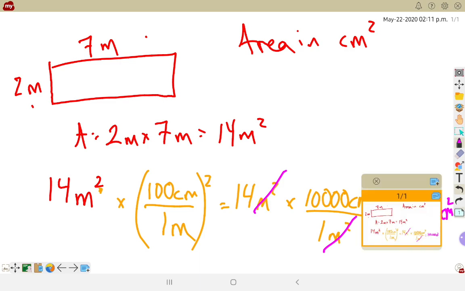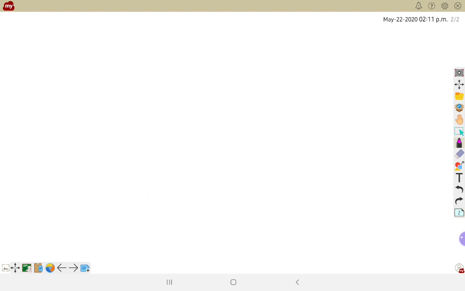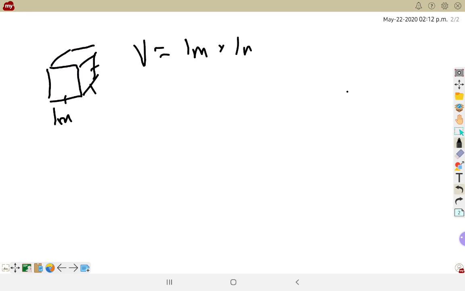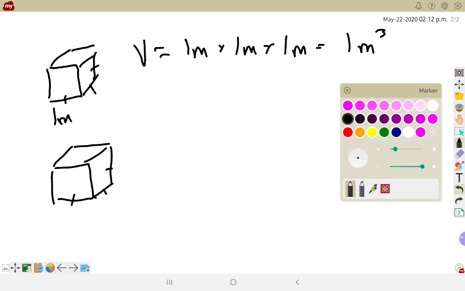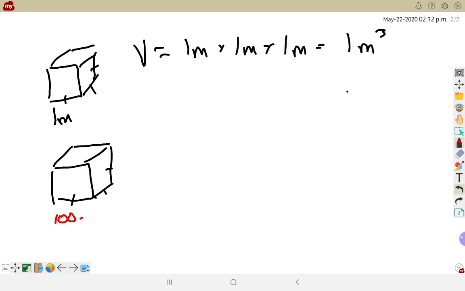Okay, so we're going to do something really similar with volume. Okay, so volume, just to show you, if I have this cube, we'll start off where it's 1 meter by 1 meter by 1 meter. I don't want to write them all out. Volume is length times width times height, so that's 1 meter times 1 meter times 1 meter, and that's 1 meter cubed. Okay, now if I have the exact same cube, the same size as it was before, 1 meter is now the same thing as 100 centimeters.